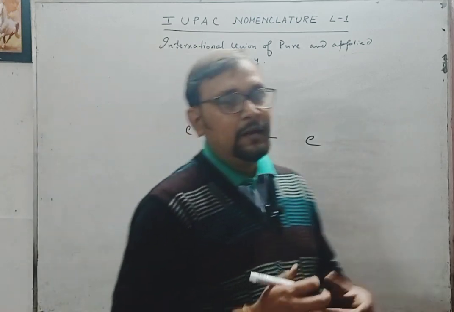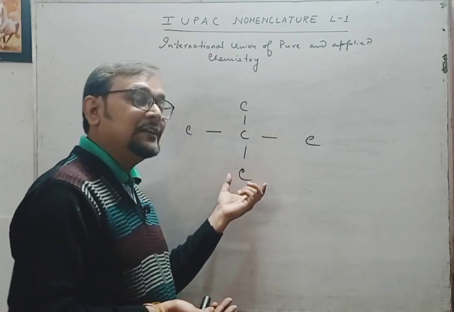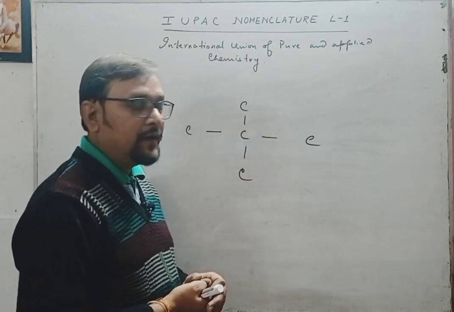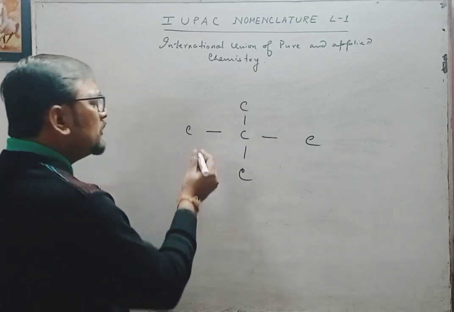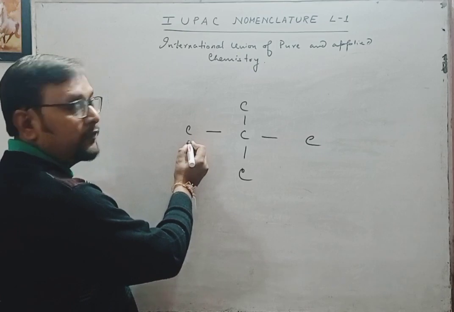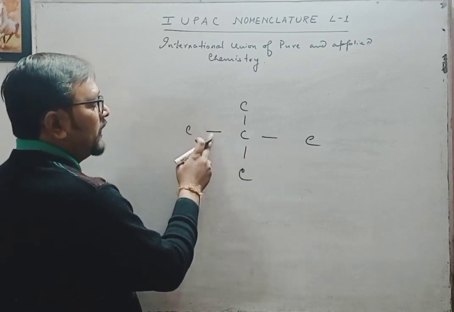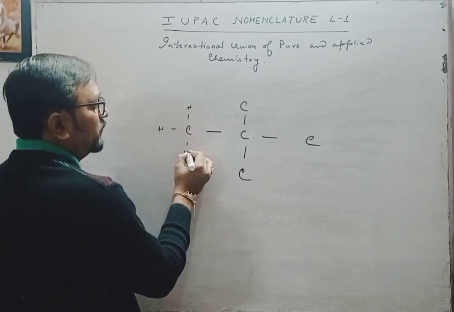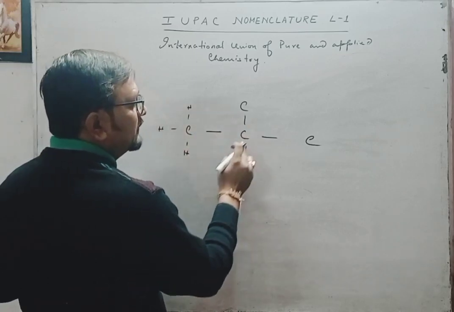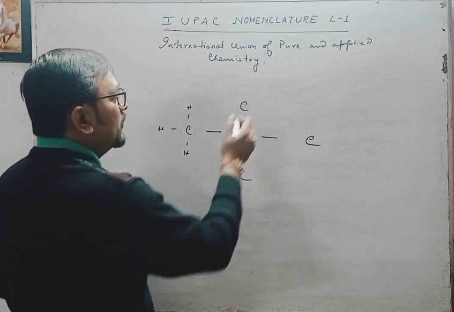I have placed 2 carbons, which means I have substituted 2 hydrogens. You can count the number of bonds to put the hydrogens. So 1 is already given, 2, 3, this is 4. So this carbon 1, 2, 3, 4 is already done, so no hydrogen for this carbon.